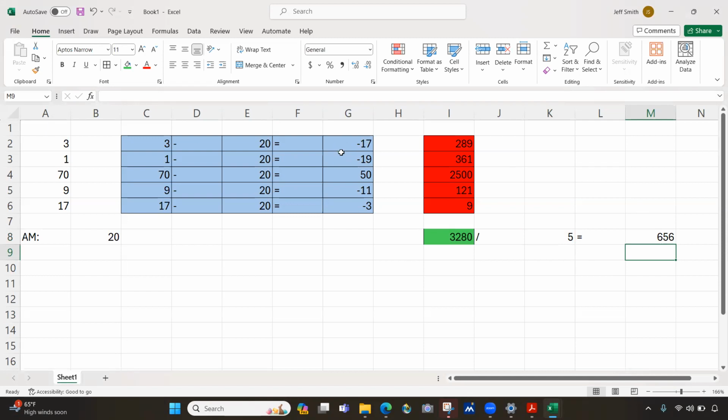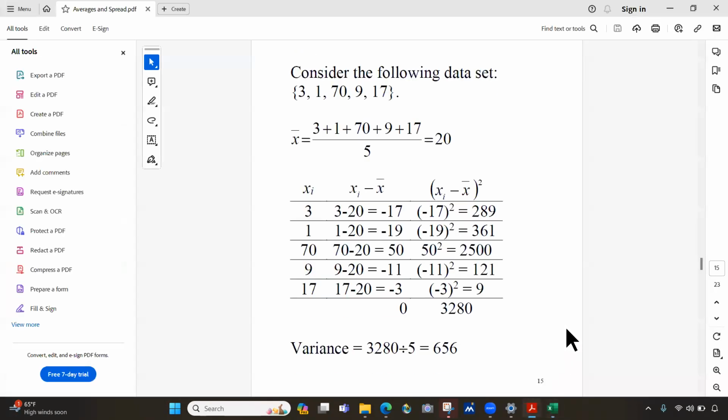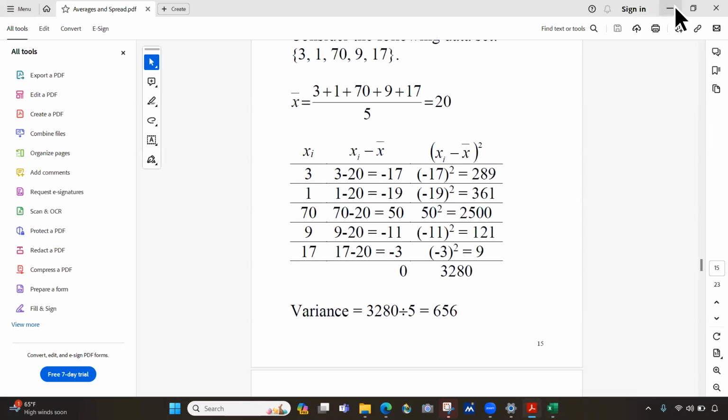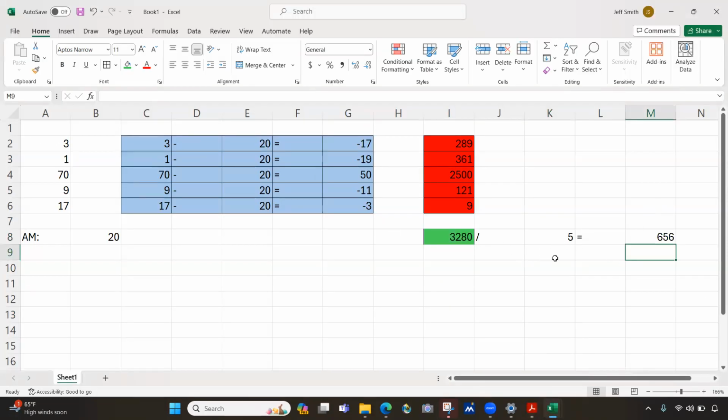Again, I took these numbers: negative 17 squared, got 289; negative 19 squared, got 361; 50 squared, got 2500; negative 11 squared, got positive 121; negative 3 squared, got 9. So this number, 656, is actually called the variance, interestingly enough, okay? All I have to do to find the standard deviation. So this is your variance.